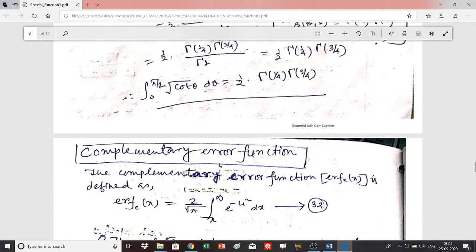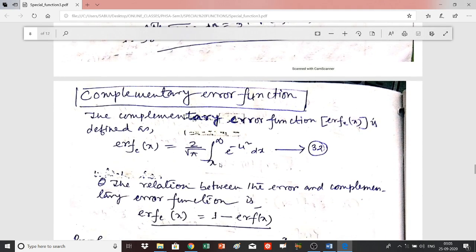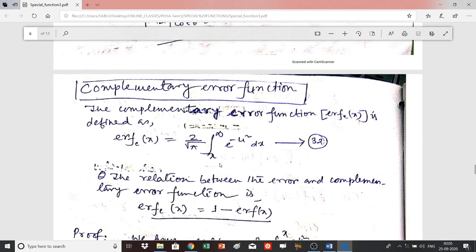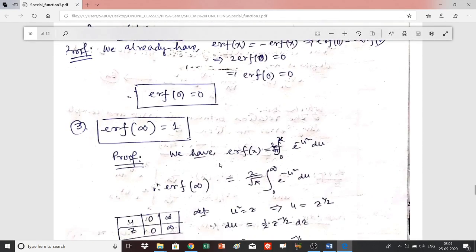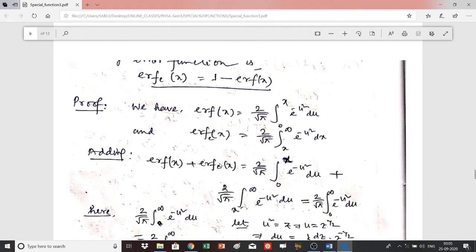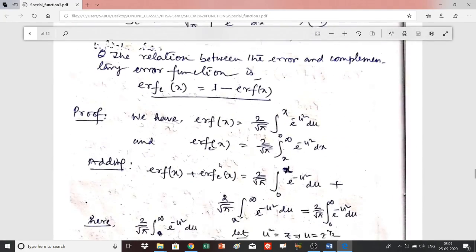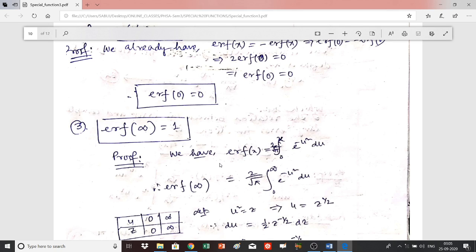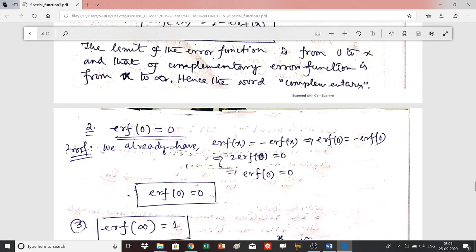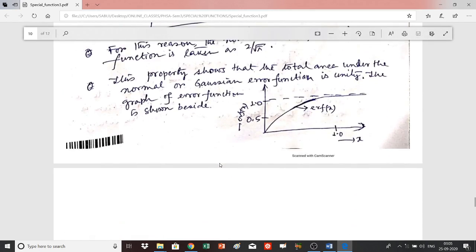Now come to our next section, that is here, the complementary error function. Here is the error function.